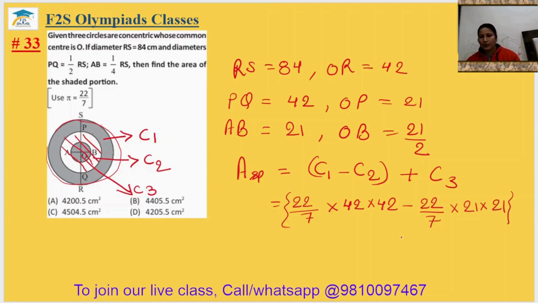Okay. Plus C3 is 22 by 7 multiply by 21 by 2 multiply by 21 by 2.